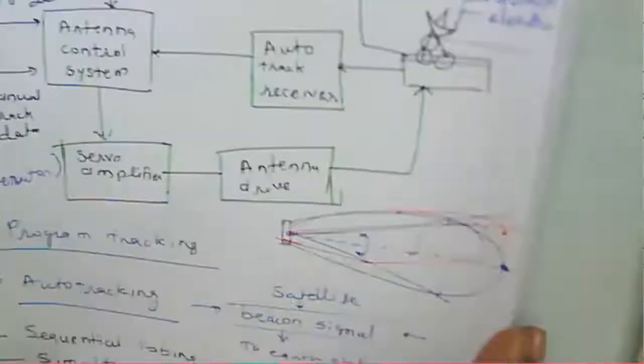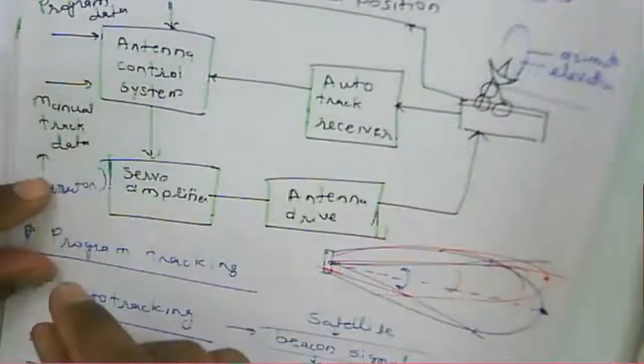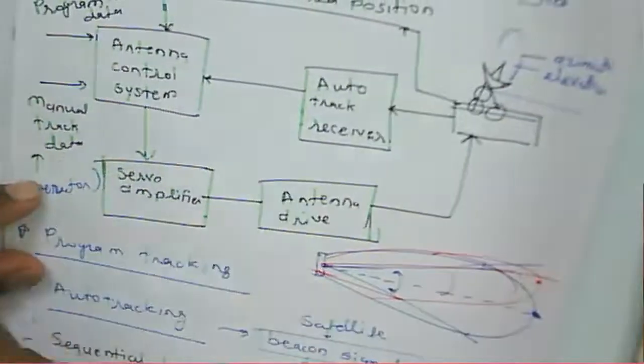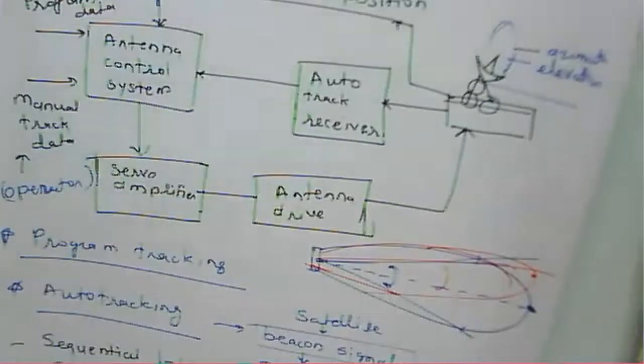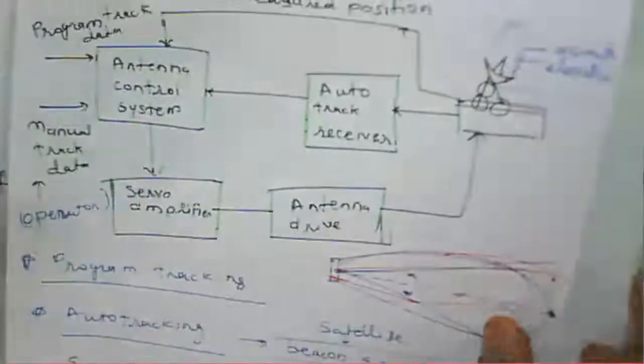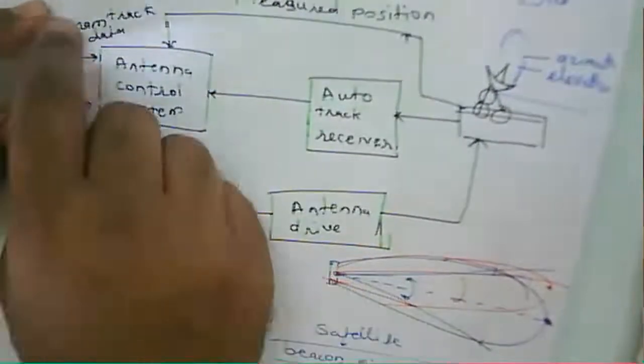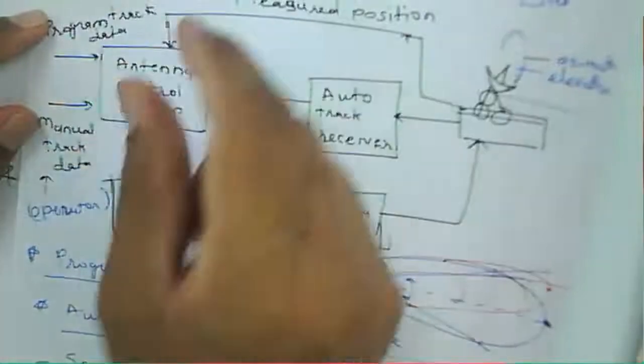In manual tracking, the operator provides the data to track the antenna position, azimuth position, and the elevation position there. In program tracking, the data input is given and that data varies according to the durations and so on. That is about program tracking.